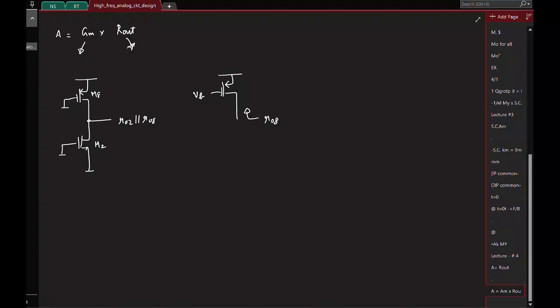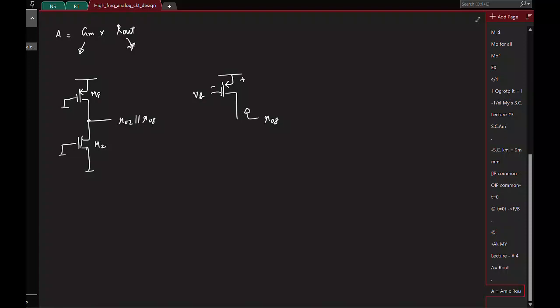Because I am biasing it with a constant source to gate voltage and it's pushing a current. It's acting like a current source basically. That fine? And if this were an ideal current source, what would be its output resistance? Infinite, and we are all set, right? There is no need to teach further. Course is done, but unfortunately it is not the case. So we'll see what to do.